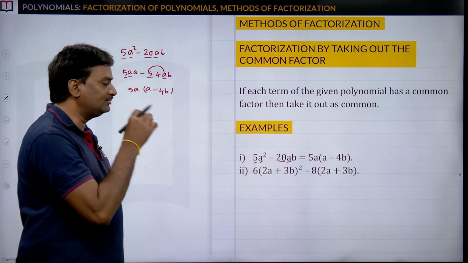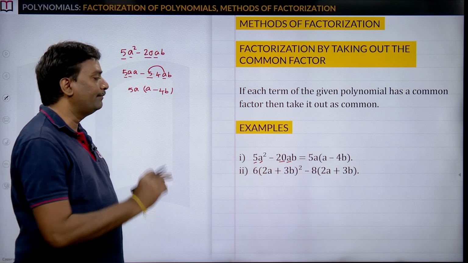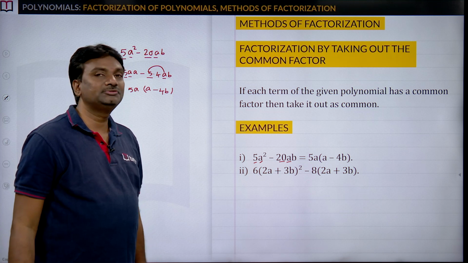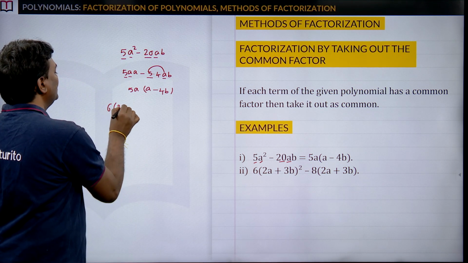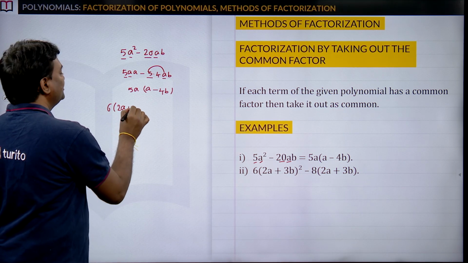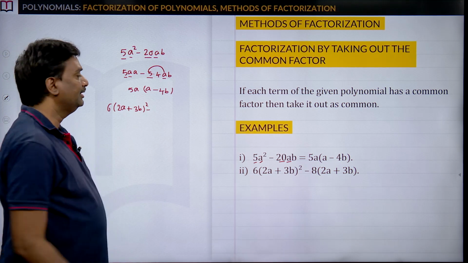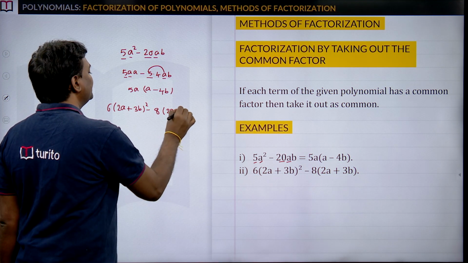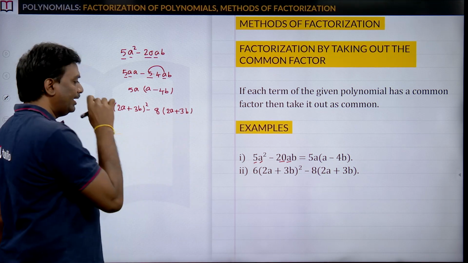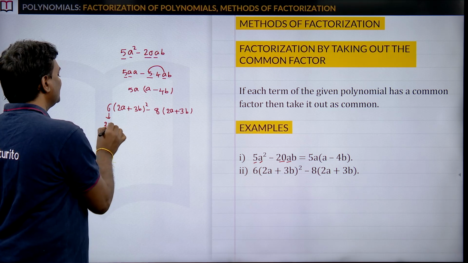If you take the second example, 6 of 2a plus 3b whole square minus 8 into 2a plus 3b, where 6 can be written as 2 into 3.